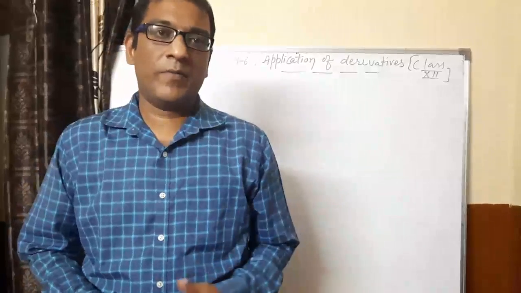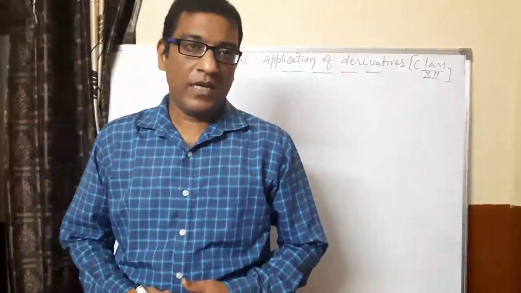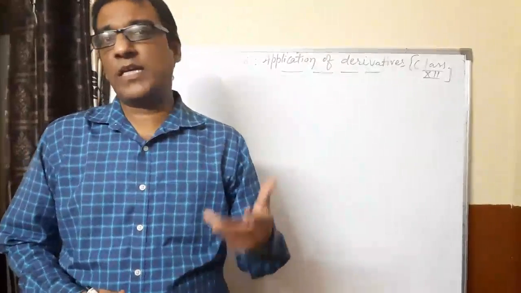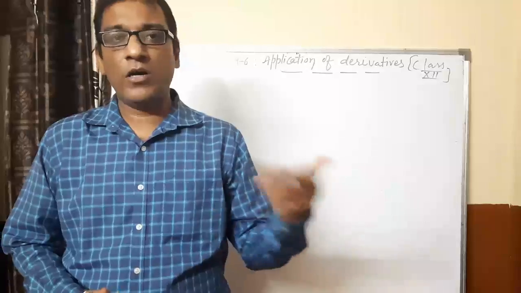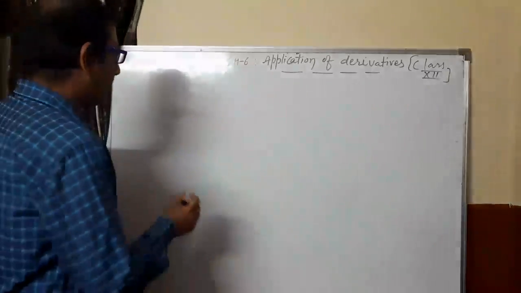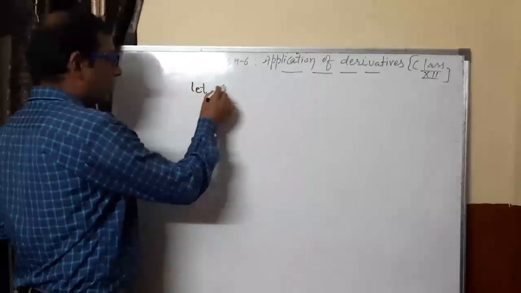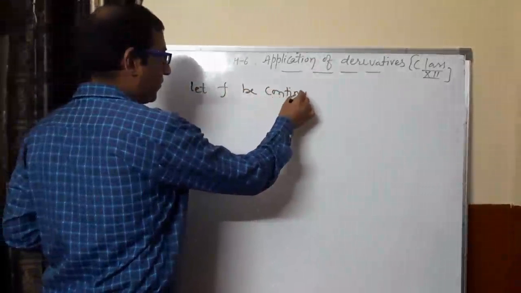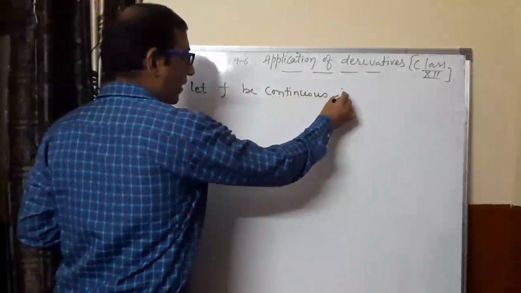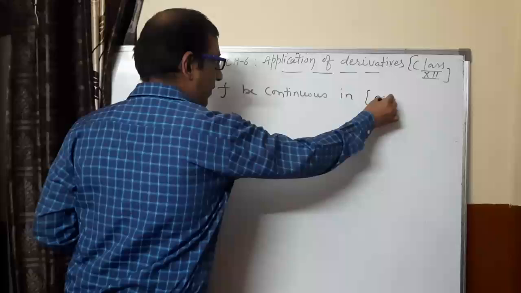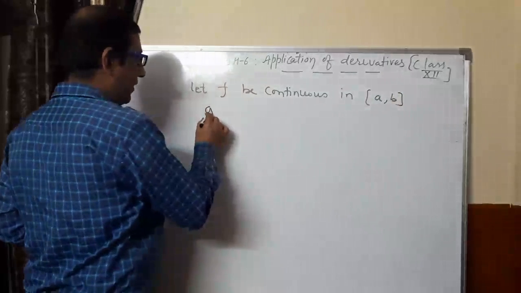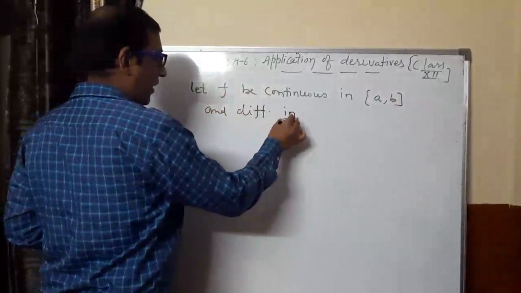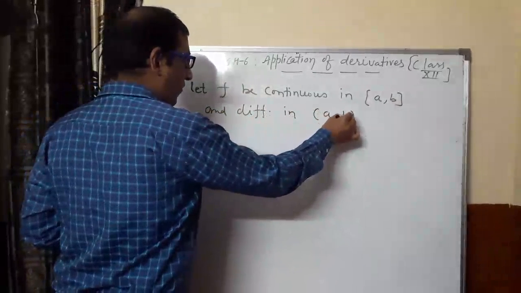Now after the graphical representation of the function, I am continuing with the intervals in which the given function is increasing or decreasing. So let f be continuous in closed interval [a, b] and differentiable in open interval (a, b).